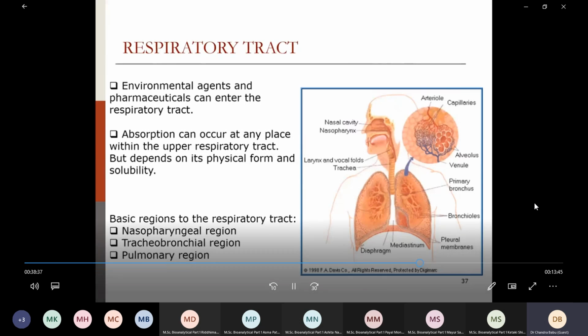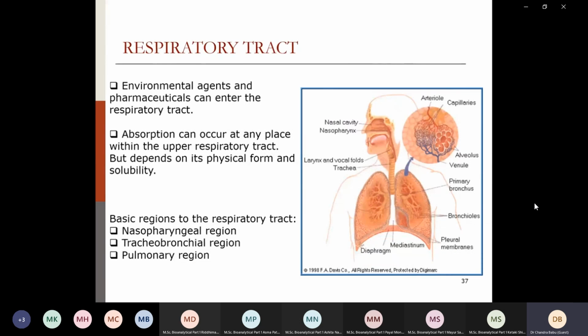The most important site for absorption is the pulmonary region, and also the alveolar sac. Oxygen, carbon dioxide, and other gases can pass easily through these membranes. But the toxicity of inhaled materials will depend on whether it's absorbed and how lipid soluble this substance is.